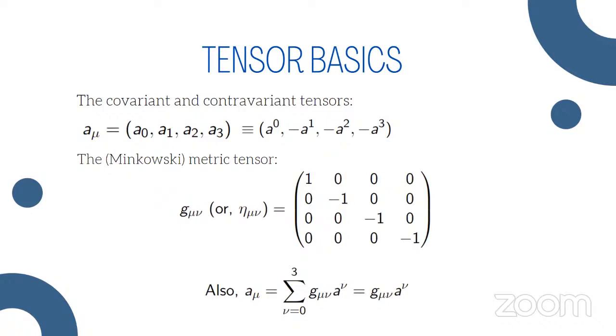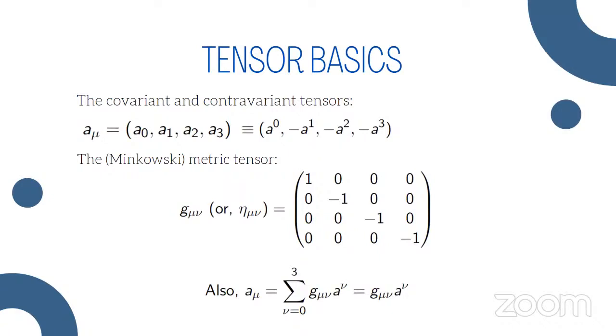Covariant tensors are denoted by lower indices, that is A0, A1, A2, A3, with the indices at the bottom. Then we have the contravariant tensors, such as A0, minus A1, which is equivalent to the covariant tensor A1 with the lower index. The contravariant tensors look like they have upper indices.